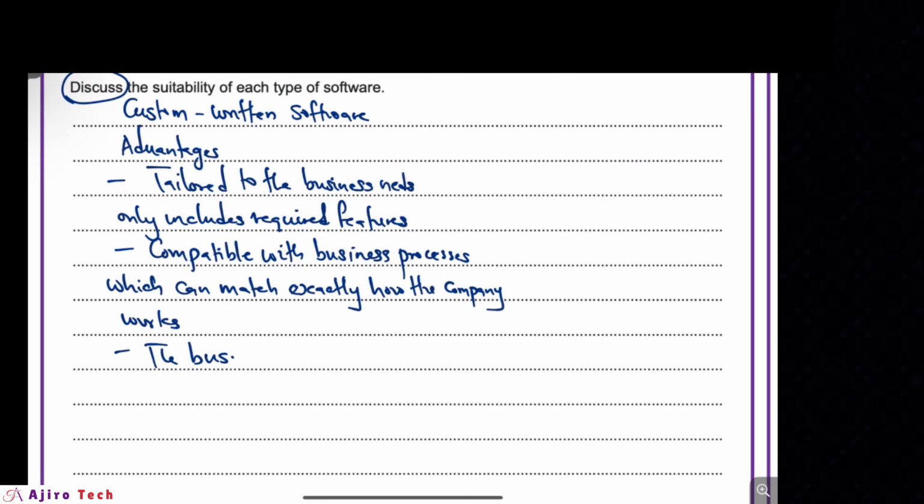The business can influence testing and development.